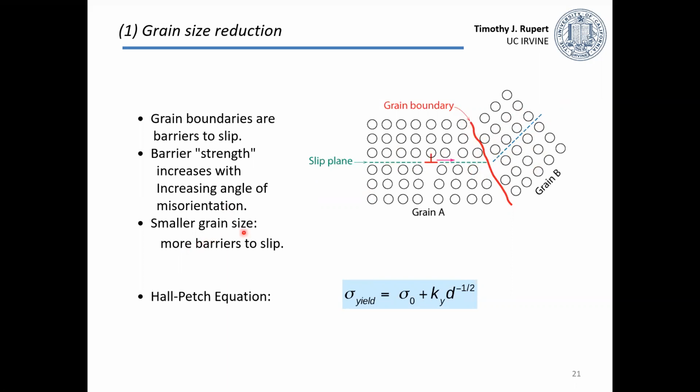And generally, if we have a smaller crystal size, that means that as this dislocation moves through our material, it's going to hit more of these grain boundaries. We'll have more barriers to slip. The net result is what's called the Hall-Petch equation.